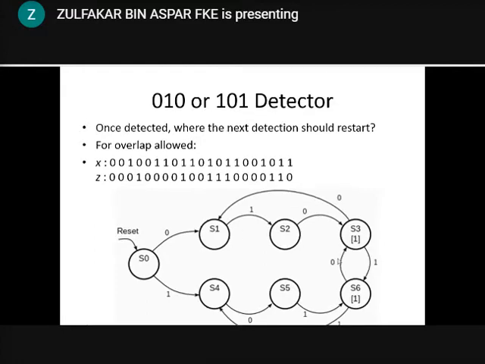From the example in the previous slide, after we detect 0, 1, 0 at the main sequence in S3, if it is 0 input, it means that we already passed S0. So we should start at S1. That's why S3 restarts at S1.